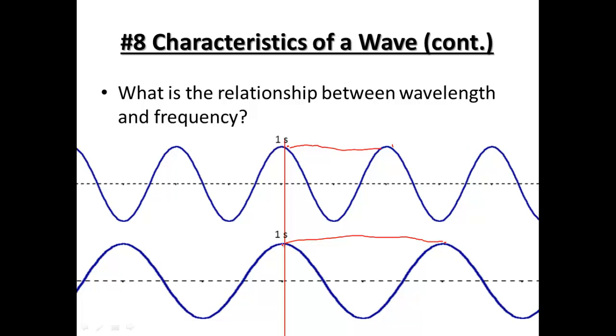On the bottom one, we have fewer waves that occur in a certain amount of time. And so what we're going to look at is the idea that our waves have that relationship between wavelength and frequency. And what happens is that they are inverse of one another.